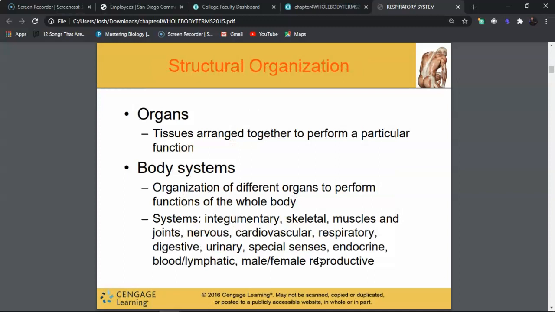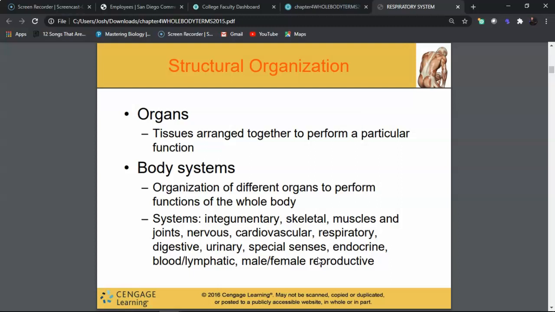So when we go to the next level up, we have cells that are the basic unit, and multiple cells of a similar structure make a tissue. If we take multiple tissues that arrange together to perform a particular function, that's when we start getting an organ. So what organs are within the body? We have the heart, the lungs, the skin is an organ, the pancreas. All of those organs are groups of tissues arranged together to perform a particular function.